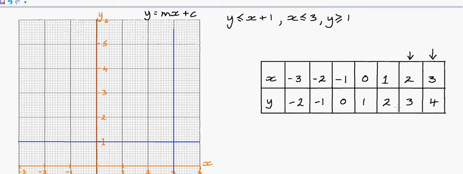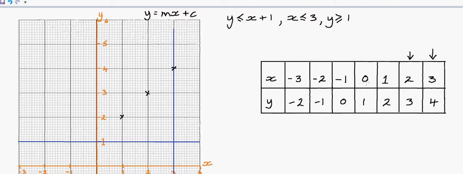Okay, so now what I can do is plot these points. Where x equals 3, y equals 4, so x equals 3 here, y equals 4, so that's 1 point. Where x equals 2, y equals 3. Where x equals 1, y equals 2.